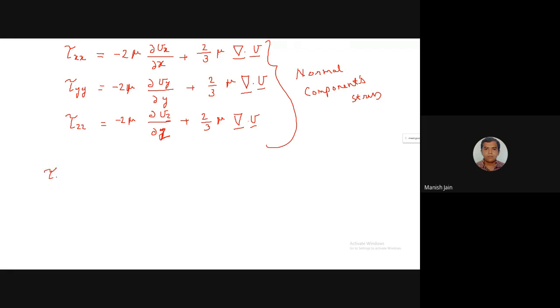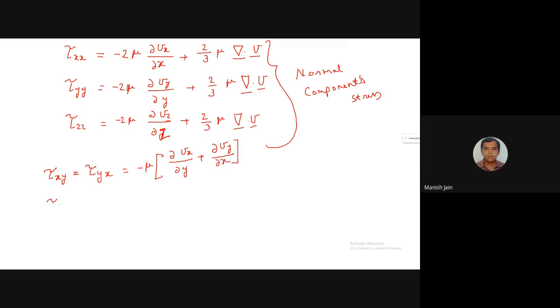So the shear stresses are, because tau is a symmetric tensor, tau xy equal to tau yx, and that should be equal to minus mu in bracket del Vx by del y plus del Vy by del x.